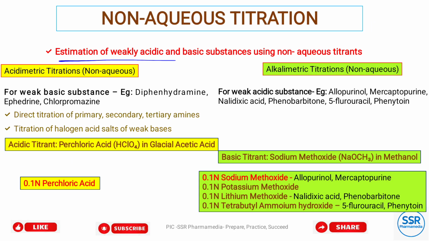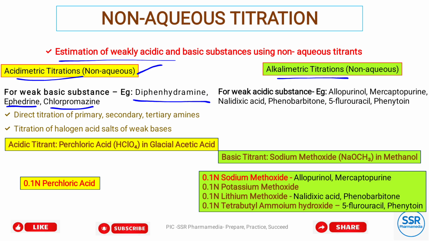Next, estimation of weakly acidic and weakly basic substances using non-aqueous titration. There are two types of titration, acidimetric and alkalimetric. In acidimetric titration, weakly basic substances are used to determine purity, like diphenhydramine, ephedrine and chlorpromazine.